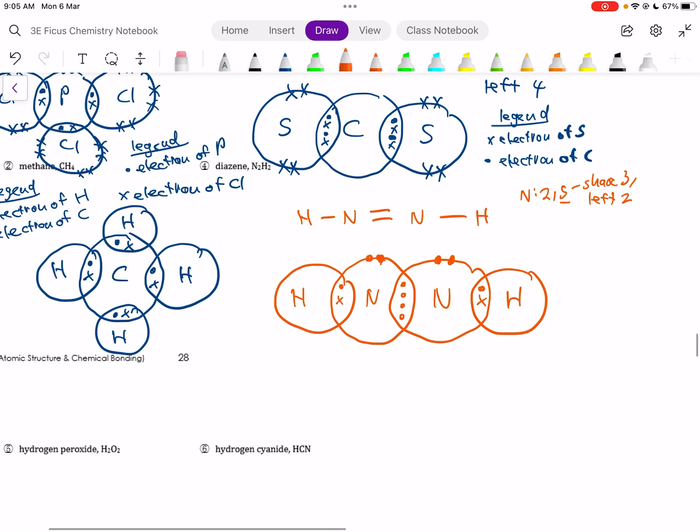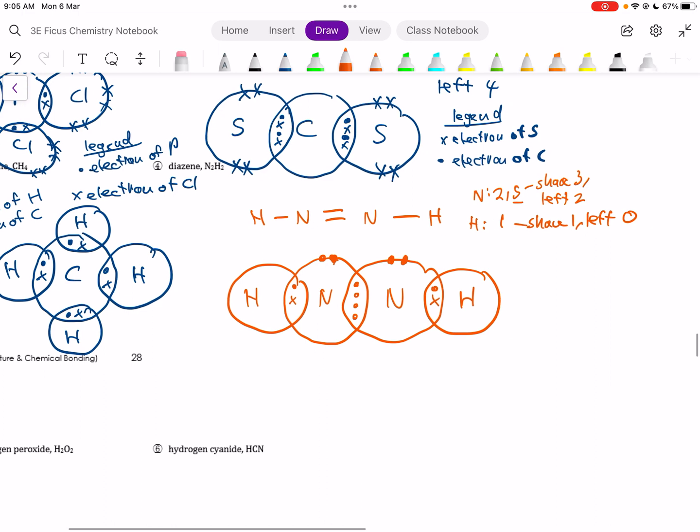Hydrogen should not be left with any. You share 1, then you left nothing. Then the legend goes this way. This is electrons of N, cross is electrons of H.